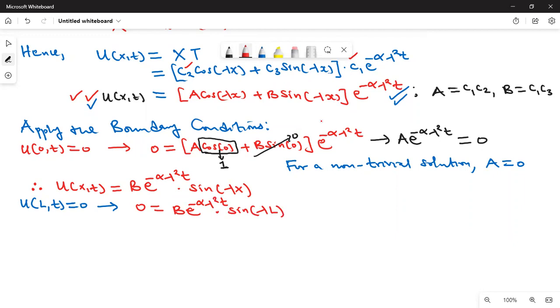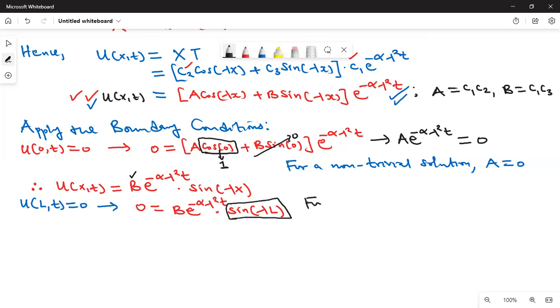But our interest is a non-trivial solution. Which one will give us a non-trivial solution? Automatically, b cannot be 0, because if I say b is 0, it means u will be 0, which is a trivial solution. Again, if you say the exponential is 0, u will be 0, another trivial solution. So for a non-trivial solution, it is only the sine of lambda L that will be equal to 0.